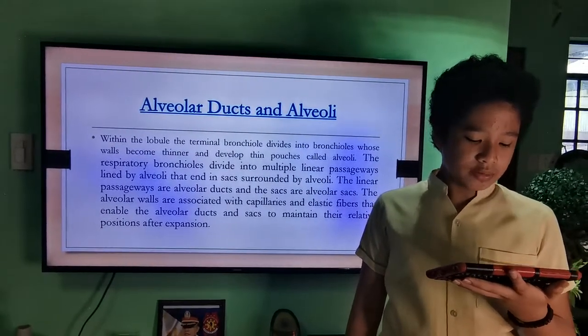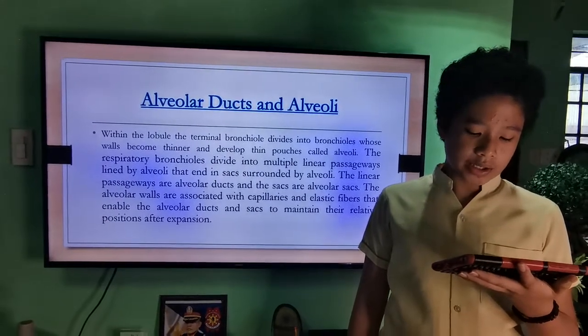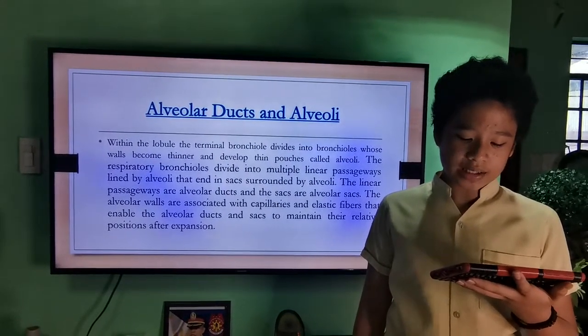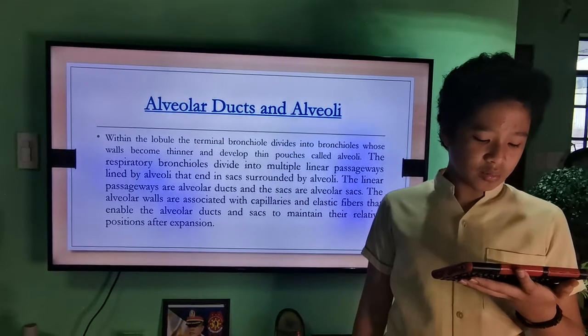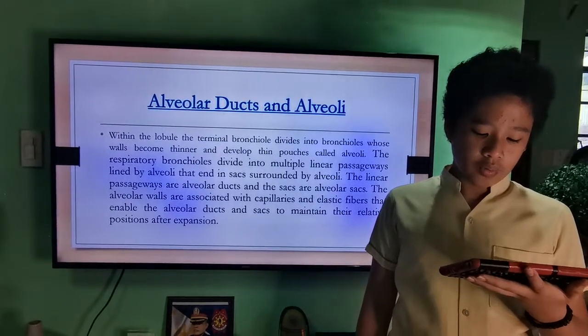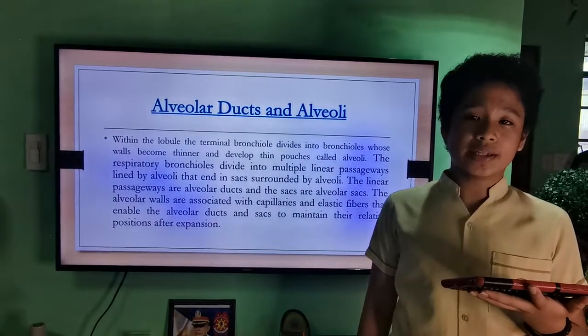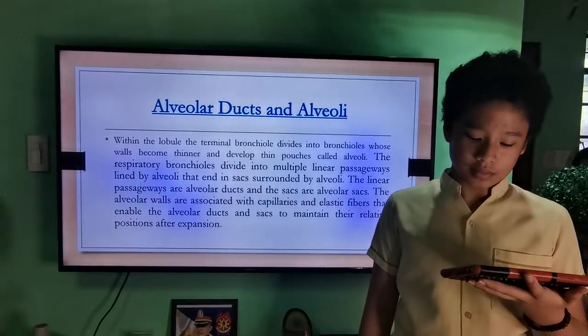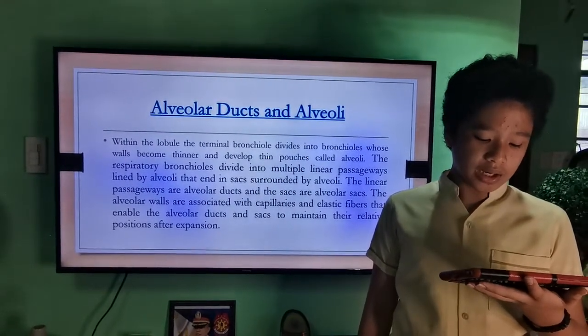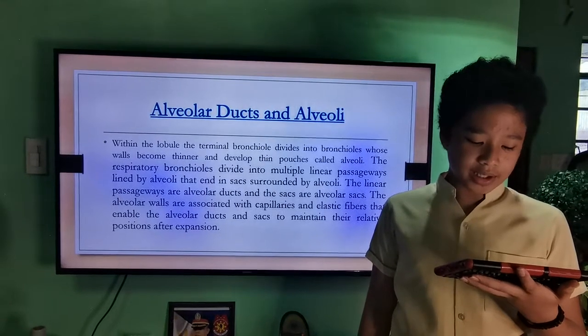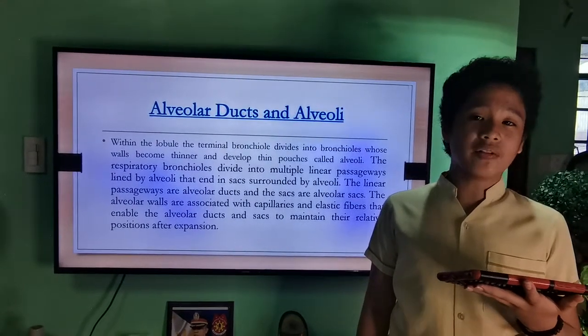The linear passageways are alveolar ducts and the sacs are alveolar sacs. The alveolar walls are associated with capillaries and elastic fibers that enable the alveolar ducts and sacs to maintain their relative positions after expansion.